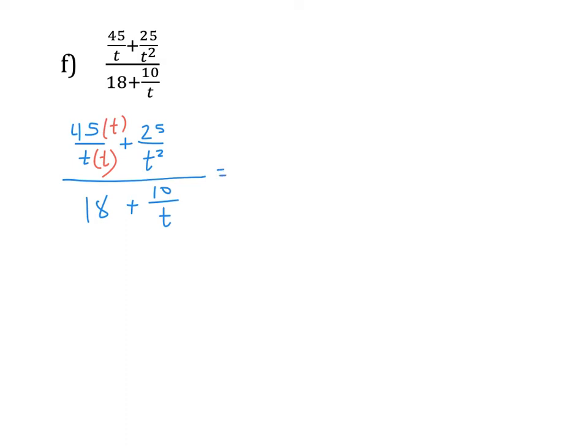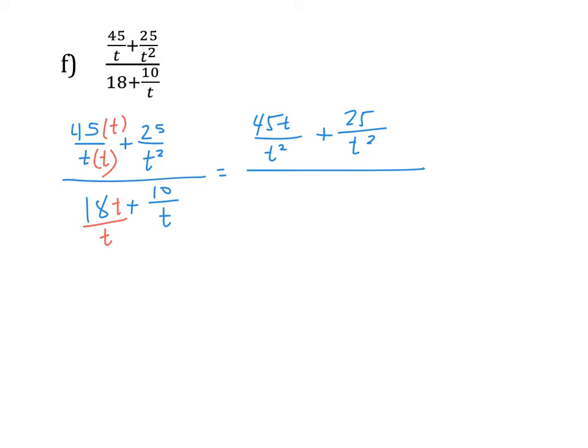Simplifying this, we have 45t over t squared plus 25, no t there, over t squared. For this new denominator, I know I'm missing again. I need to multiply this by t, right, in order to get that same denominator.